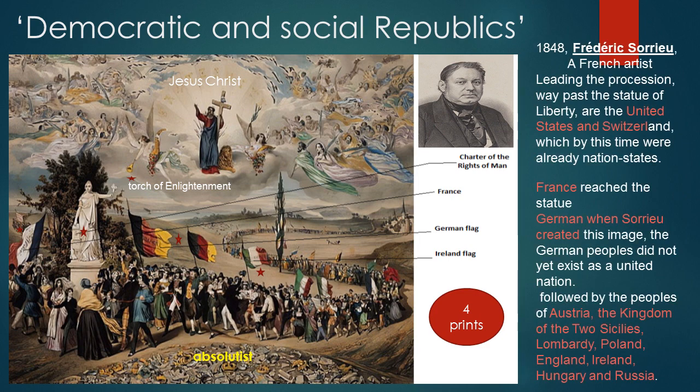The series shows a train of people standing to pay homage to the Statue of Liberty. Leading the procession, the way past the Statue of Liberty, are the United States and Switzerland, which by this time were already nation states. Then France reached the statue.